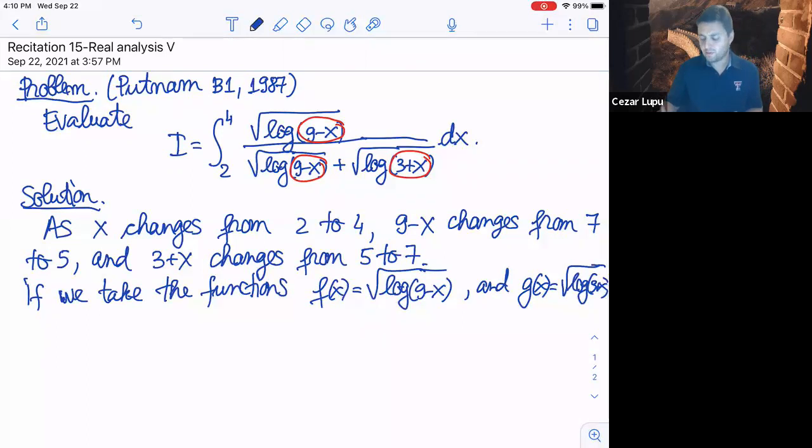Of course, both of them are defined on their domain of definition and so on.